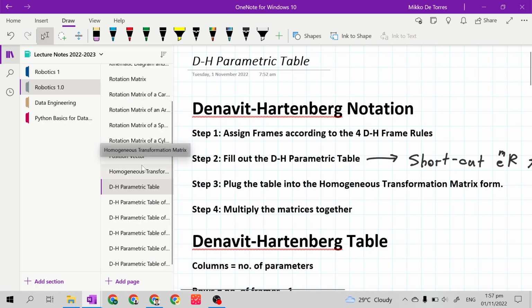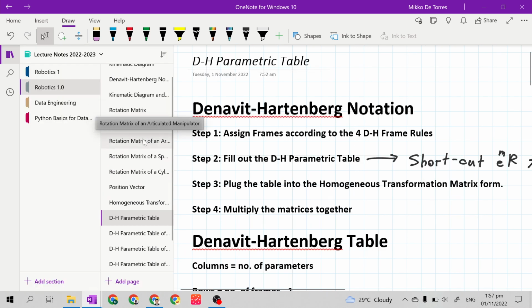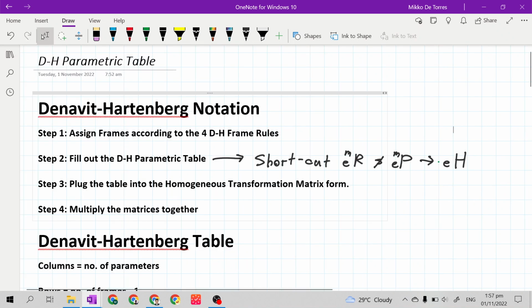Because we already studied these, we are ready to construct and fill out a D-H parametric table.